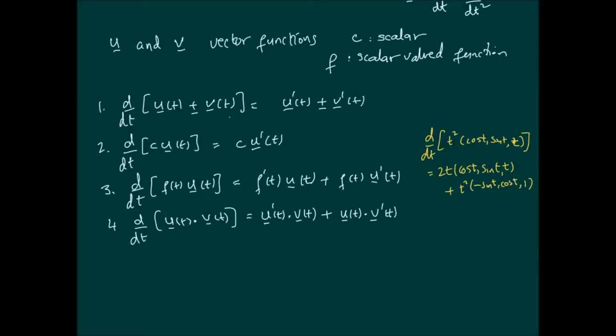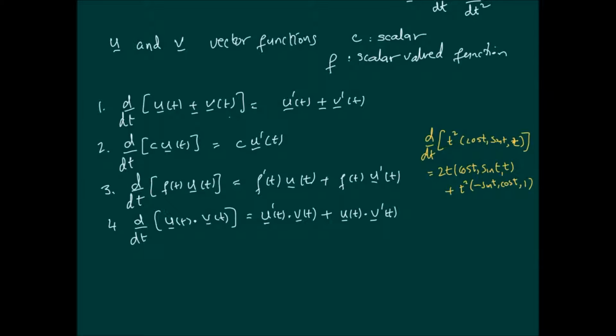Now I'll do an example of this one also, but I have to be very clear that more likely than not, what you will eventually do is take the dot product first and then take the derivative of the result. Let me explain what I mean.